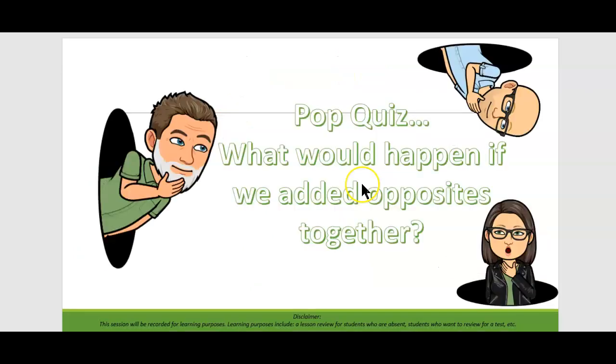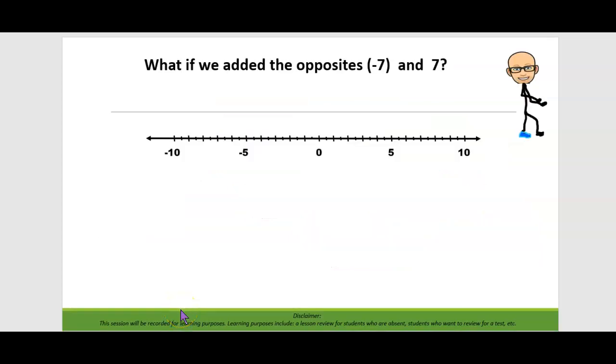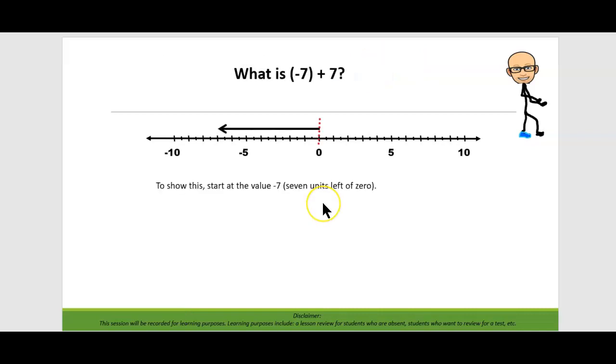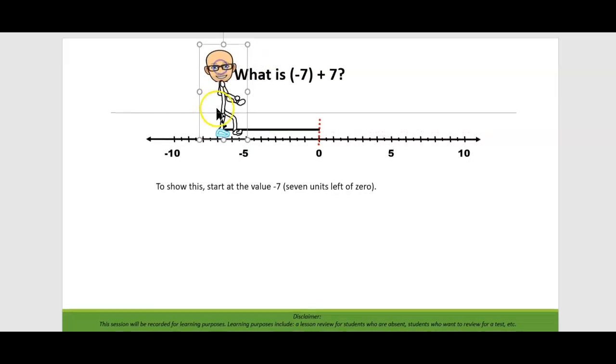Good job. Pop quiz. What would happen if we added opposites together? Let's add a negative 7 to a 7. We're going to go a distance in this direction, to a negative 7.